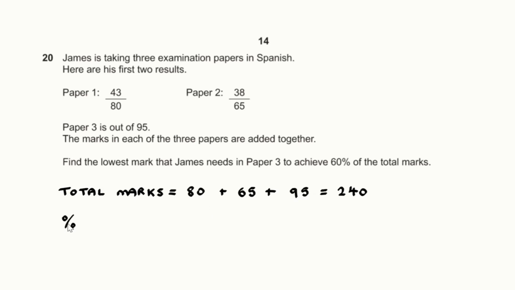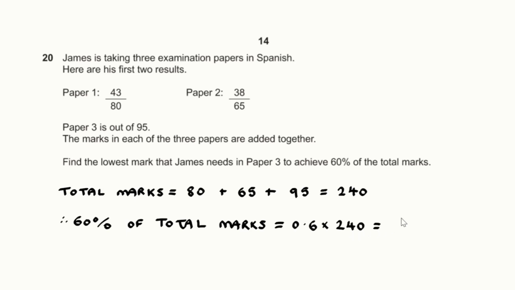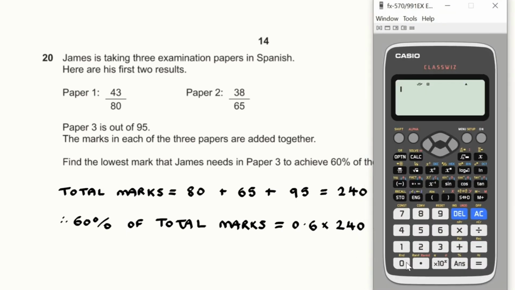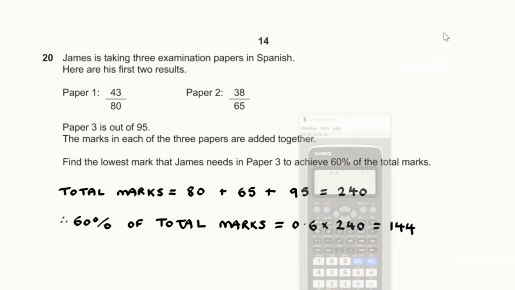and therefore 60% of the total marks, we've got 0.6 times 240, and if we work this out, we get 144, and if you are in need of convincing, we get 144.